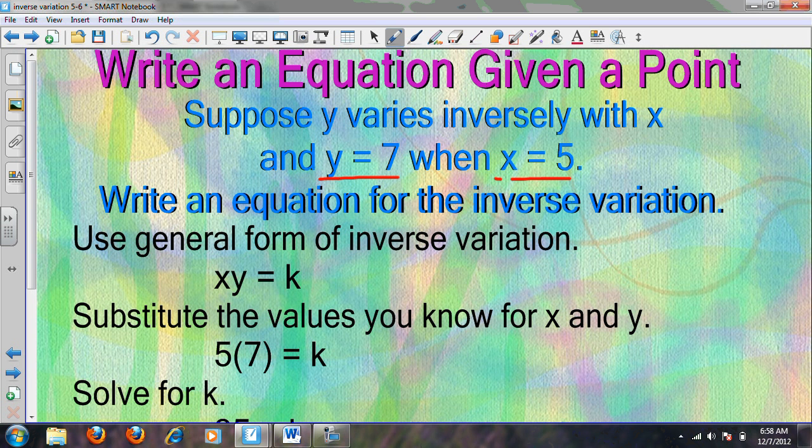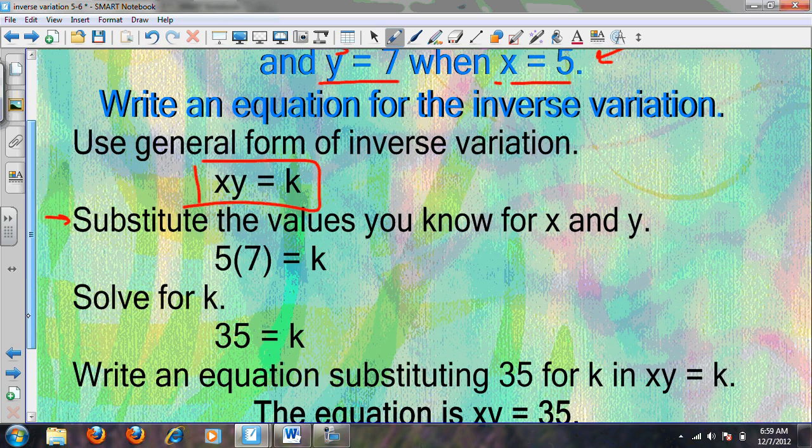Okay, remember our general form is xy equals k. But we've been given a value for x, and that's 5, and we've been given a value for y, and that's 7. So we're going to substitute those values in for x and y. So 5 times 7 is going to equal k.